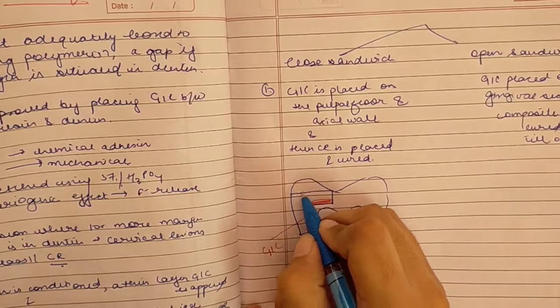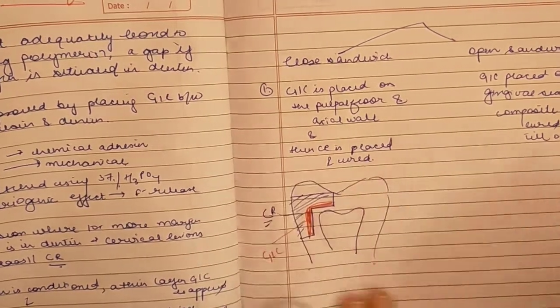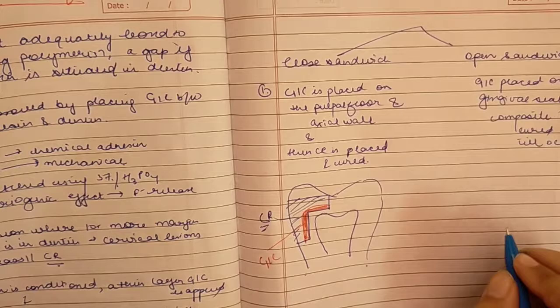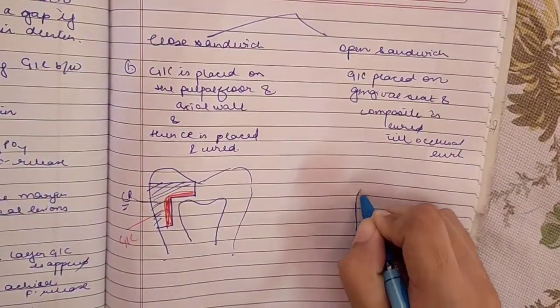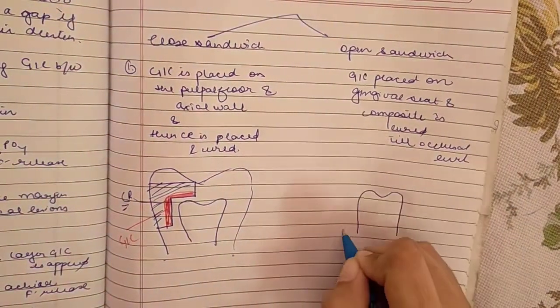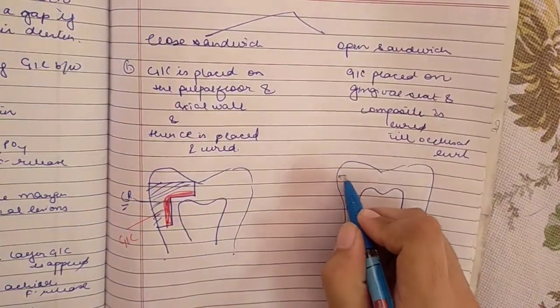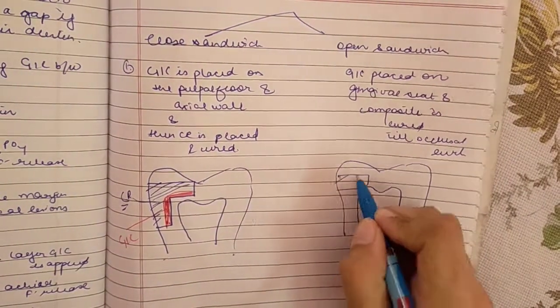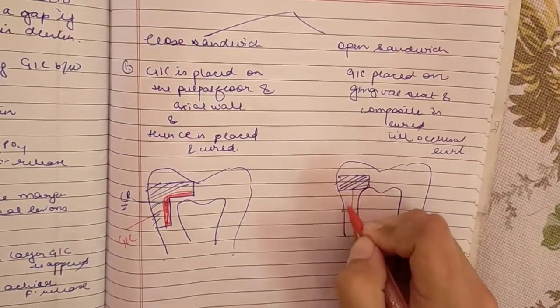The rest of it will have composite, which will be cured above it. What do you see in open sandwich technique? Suppose this is my pulp, this is my tooth. Now you'll have a certain amount of composite and you'll have GIC just on the gingival seat.